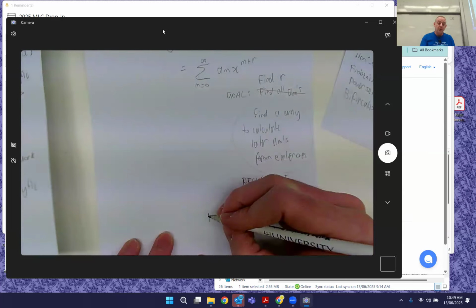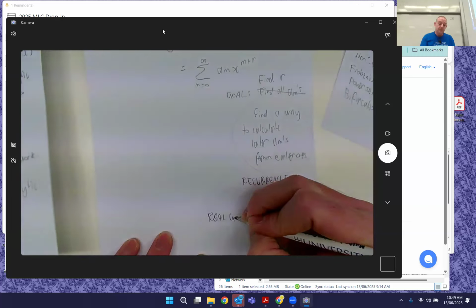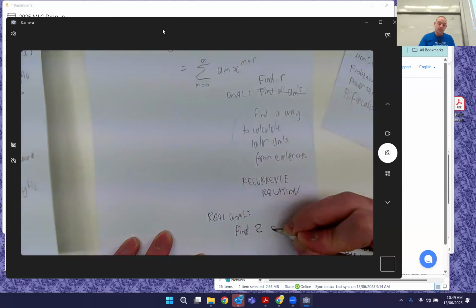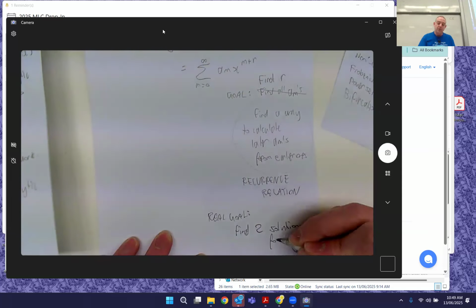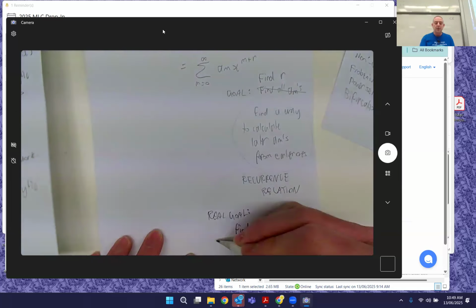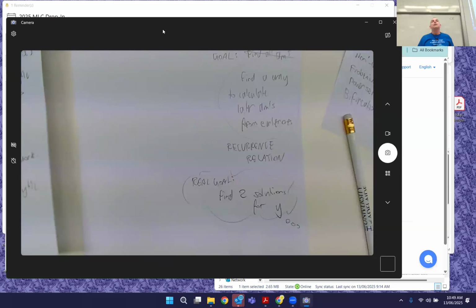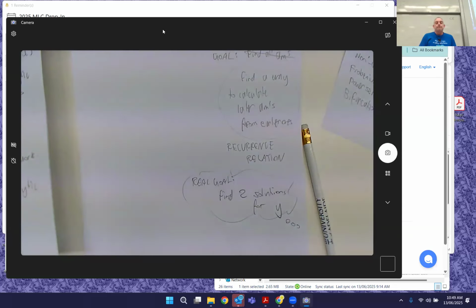But the real goal is to find two solutions for y. That's the real goal that we're keeping in the back of our mind. So at some point, we're probably just going to choose A0 to be like 1 or something, and then we'll get an answer. Right. Is that okay, me saying that?